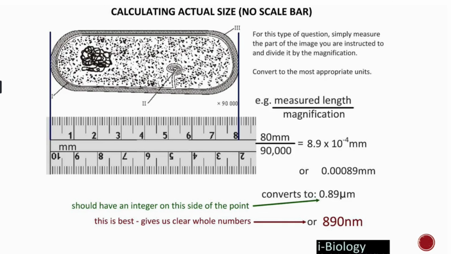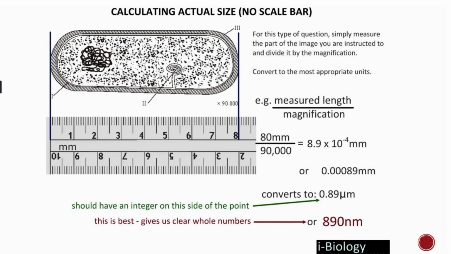But what if we do not have a scale bar? How are we going to calculate the actual size? For this, we directly put our ruler on the picture and measure it. If I want to find the actual size, I take the measured length and divide it by the magnification. Here the picture is about 8 centimeters, which is 80 millimeters, and the magnification is 90,000 times.